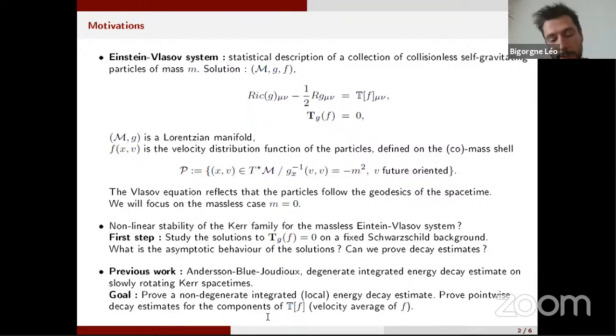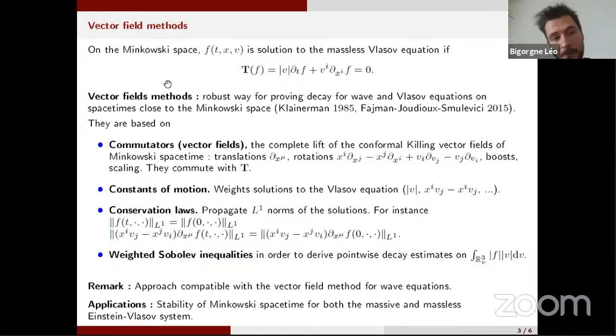So the main idea of the proof is to use the vector fields method. And for this reason, I found it convenient to recall the main elements of the vector field method for Vlasov fields on Minkowski spacetime. So in that case, the Vlasov operator is much easier to write, and it reflects the fact that the particles are moving along straight lines.